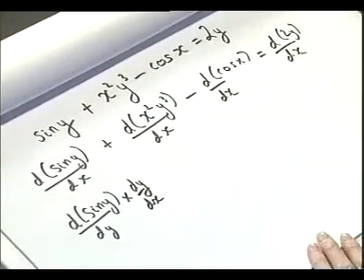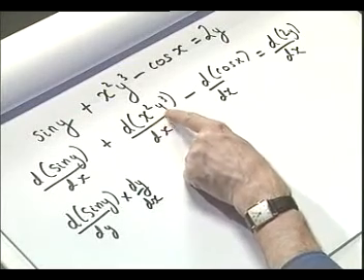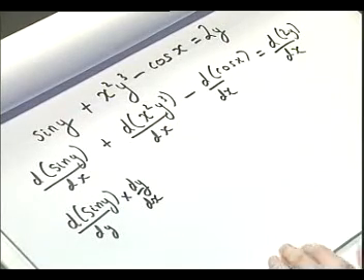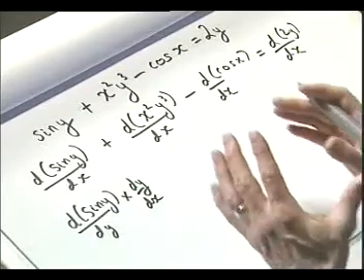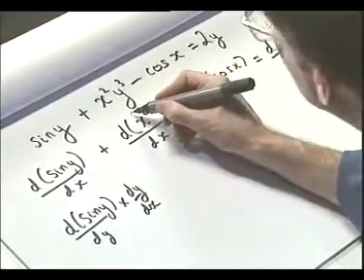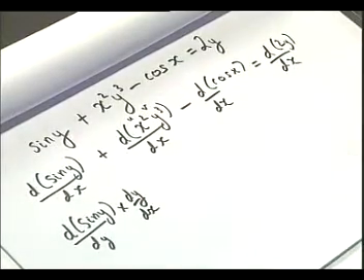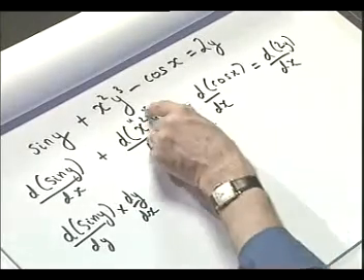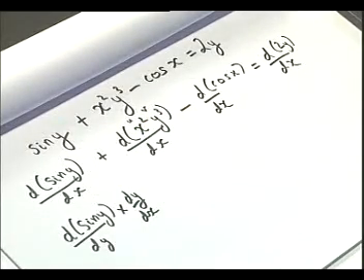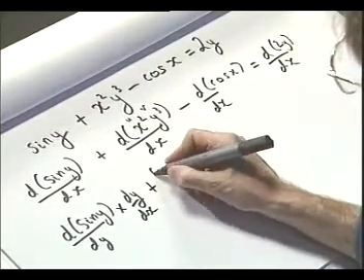This one, bit of a problem, because this is x squared times y cubed. So it's a product. It's a u times a v. So let me just write a little u over the top and a little v there. U is x squared and v is y cubed. So this is plus.